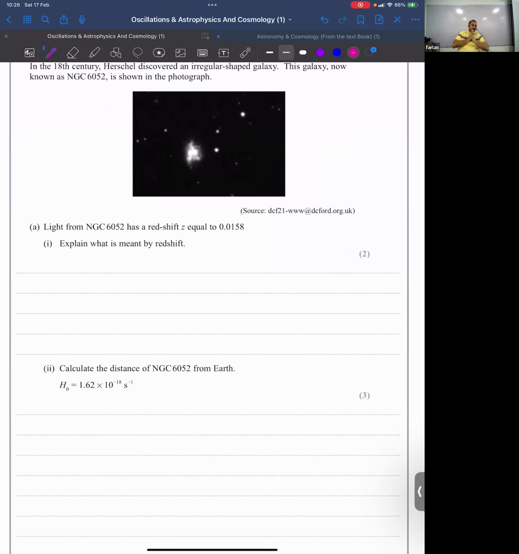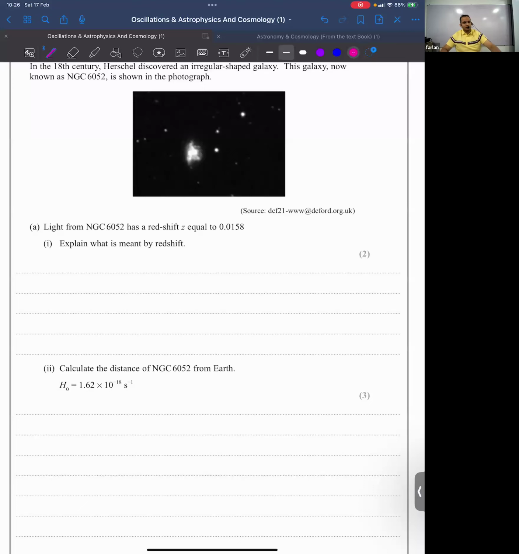Since the galaxies are moving away, the wavelength received from the galaxy is more than the actual wavelength and it is shifted towards the red end, so it is called the redshift. Okay, right?